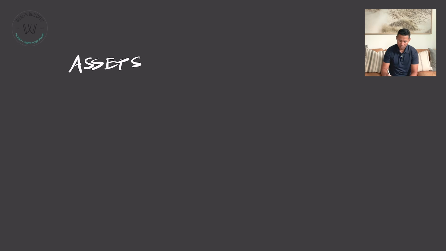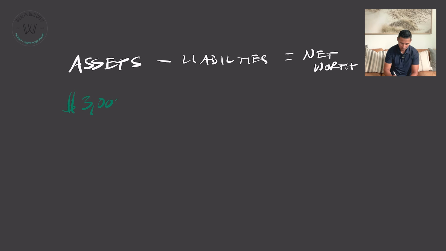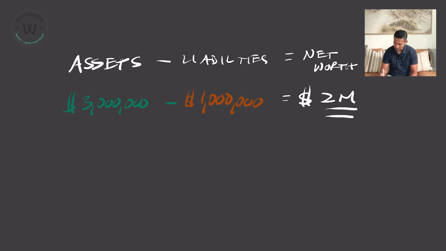And then we're gonna subtract our liabilities, so any debts that we have, and that's going to equal our net worth. So let's just say hypothetically, someone has $3 million worth of assets, but they also have $1 million worth of liabilities. So now that's going to equal a $2 million net worth.